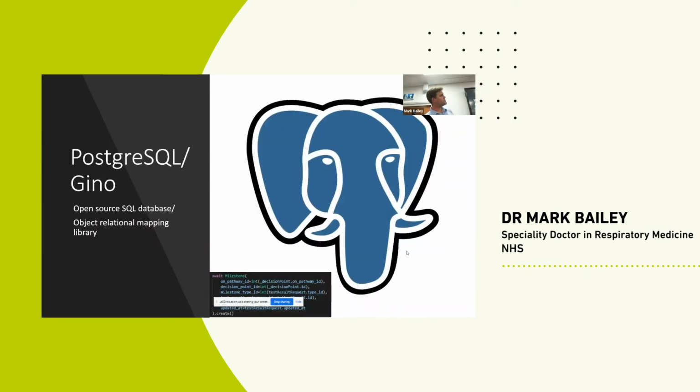And all the data that's not patient specific, or data that can't be stored in the trust data stores, the stuff you don't want there, your credentials for logging onto the system and login and logout times and stuff like that, that's stored in a PostgreSQL database with a Geno mapping library.